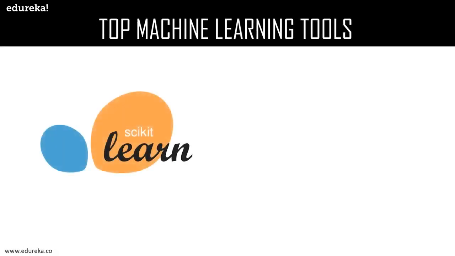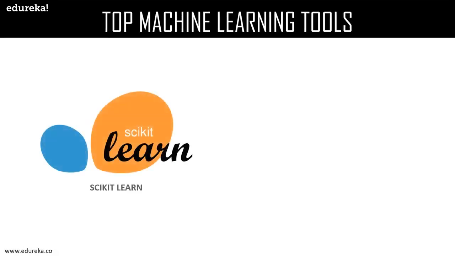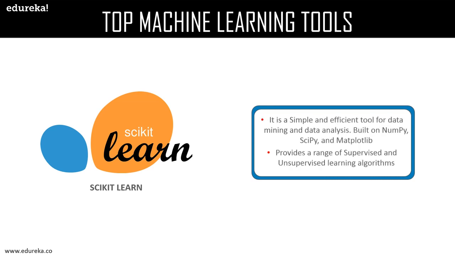So the first tool which I'm going to talk about is scikit-learn. It's not exactly a tool, it's a library, but it's the initial step which one should follow. So scikit-learn is a free software machine learning library for the Python programming language. It is a simple and efficient tool for data mining and data analysis. It is built on NumPy, SciPy, and Matplotlib.